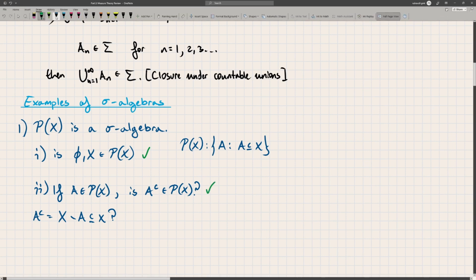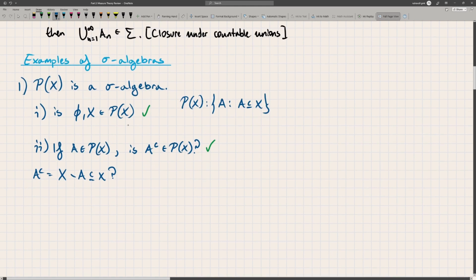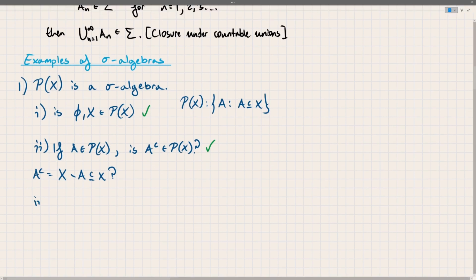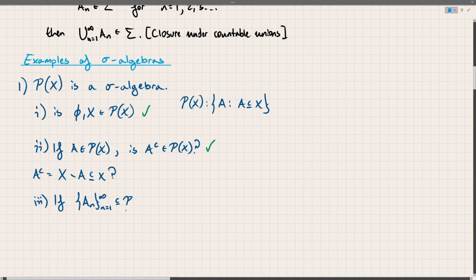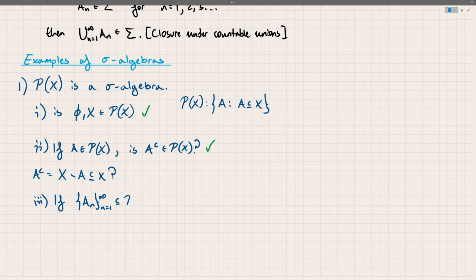And now for our third condition, which is closure under countable unions. So if we have a countable collection of sets, or a sequence of sets in sigma, I can write it like this. If this is a subset of P of X, right?